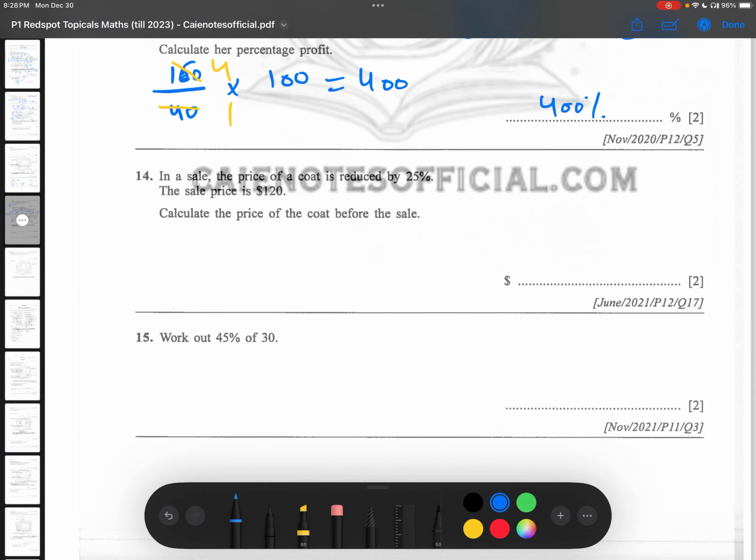In a sale, the price of a coat is reduced by 25%. The sale price is $120. Calculate the price of the coat before the sale. Okay.